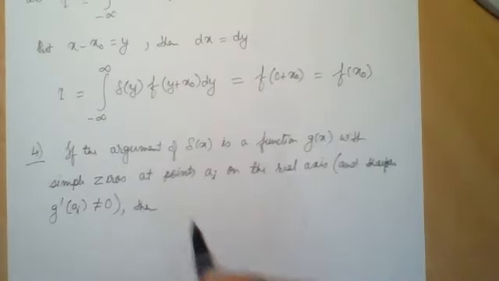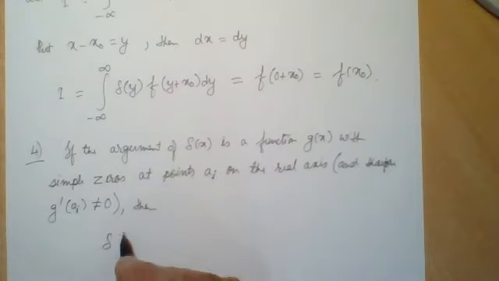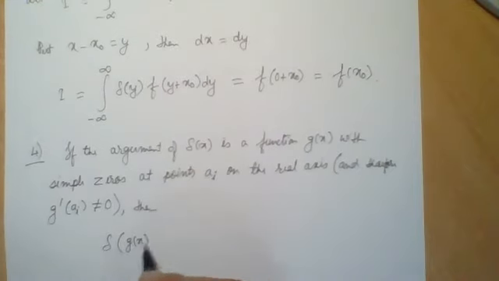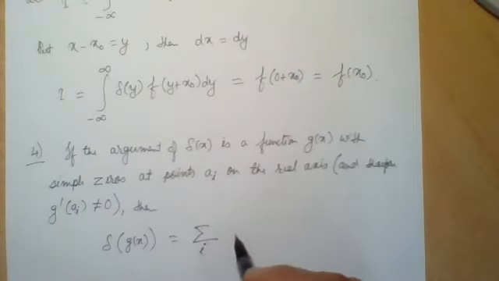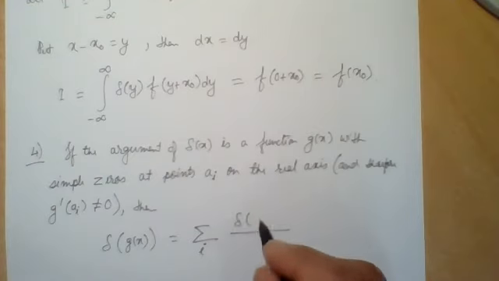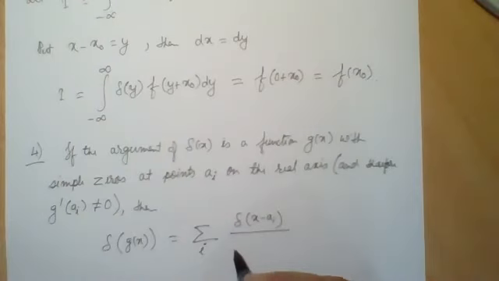then delta of g of x is equal to the summation over all i's of delta of x minus ai divided by the modulus of g prime ai.